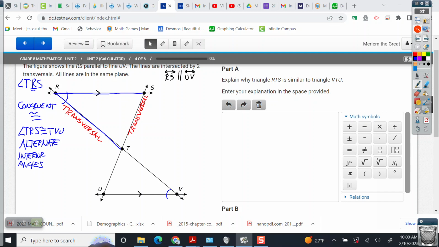So what does alternate interior angles mean? Well, Ryder, what does alternate mean? Like the opposite. I like that.